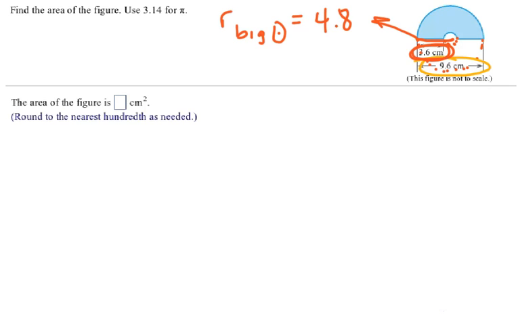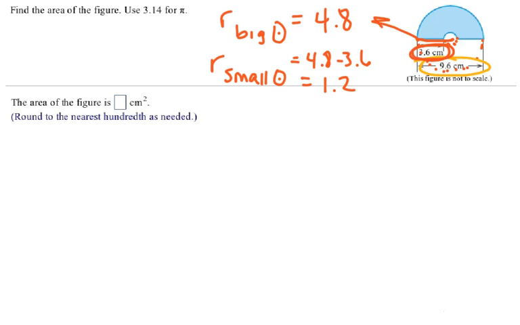So that means the radius of the small circle is 4.8 minus 3.6. So that gives me 1.2. So now I have the information that I need in order to find the areas of each.